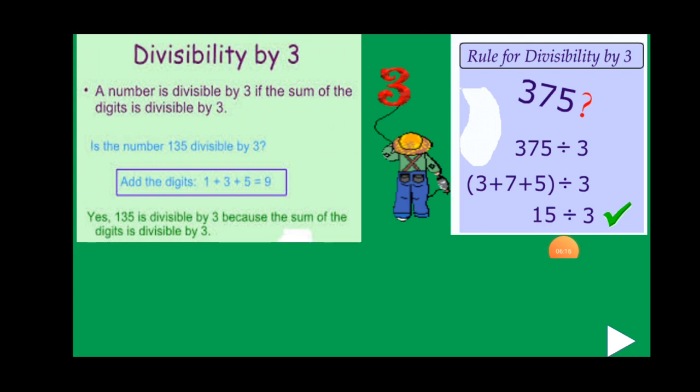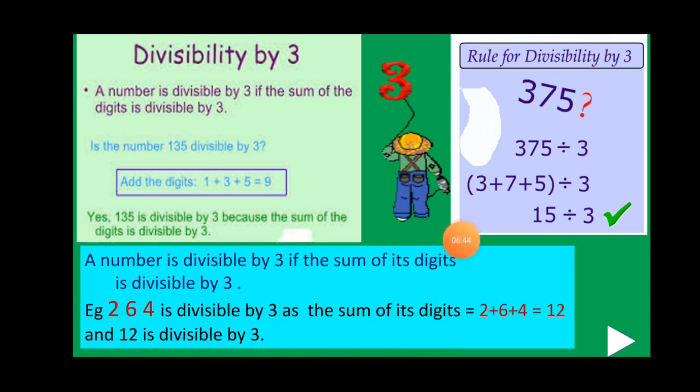Now this sum of all its digits is divided by 3 to check whether this given number is divisible by 3 or not. We can see that this 15 is divisible by 3, as 15 comes in the table of 3 five times.